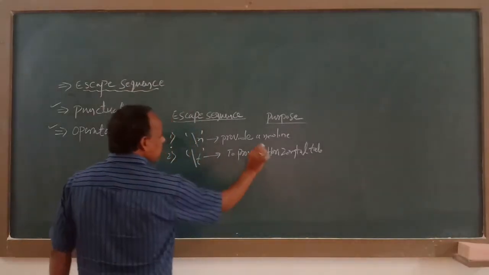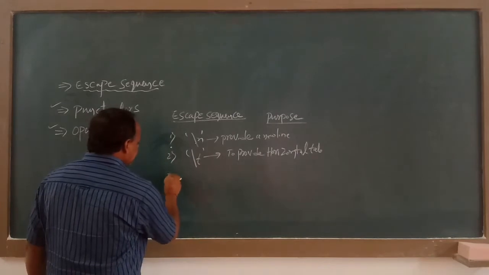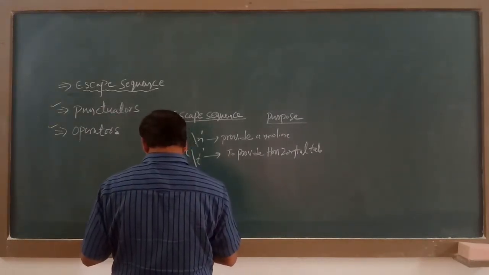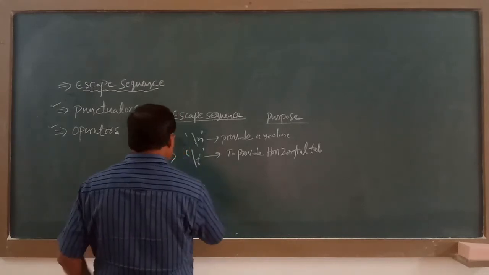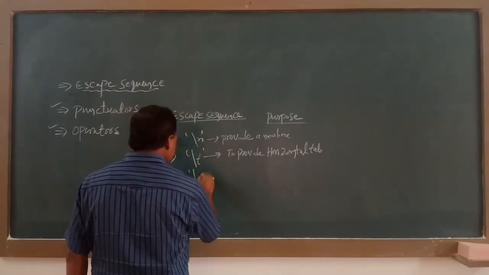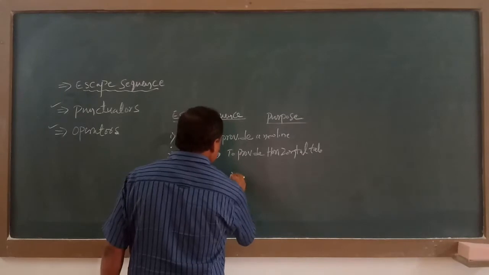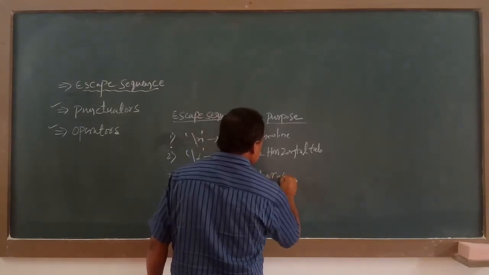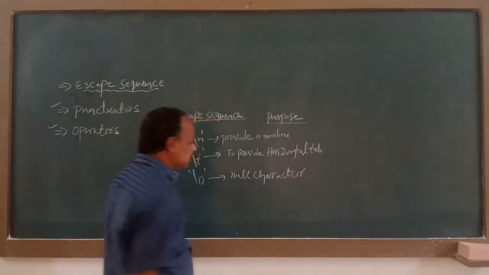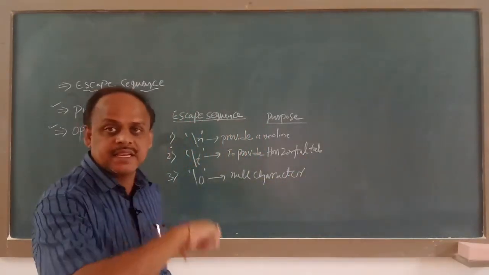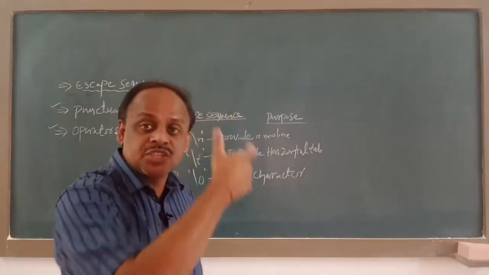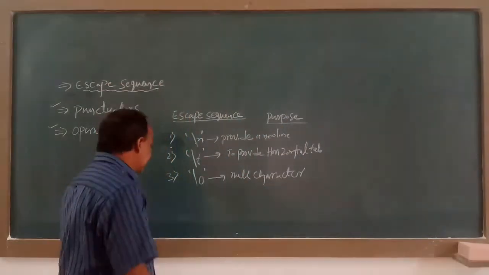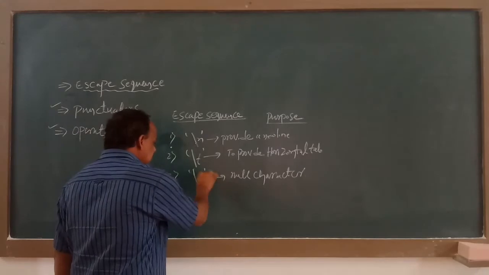So \t provides a horizontal tab, and the next escape sequence is \0, that is the null character. In the last class we discussed that every string ends with a null character, so that null character is indicated by \0.